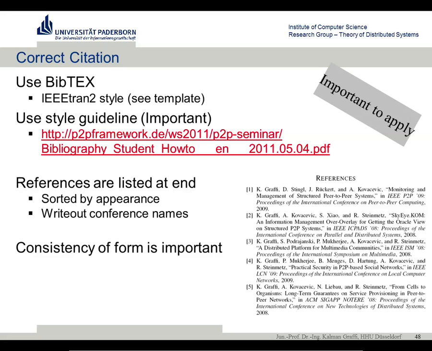For example, all first names should be abbreviated with a point after them. Then there should be the title in quotation marks. Then there should be the publisher, IEEE, and the conference abbreviation and the year. And then proceedings of the conference name, 2009. And the same year, so IEEE, ICPATS, conference name, and the year. So always do it consistently. That's important.